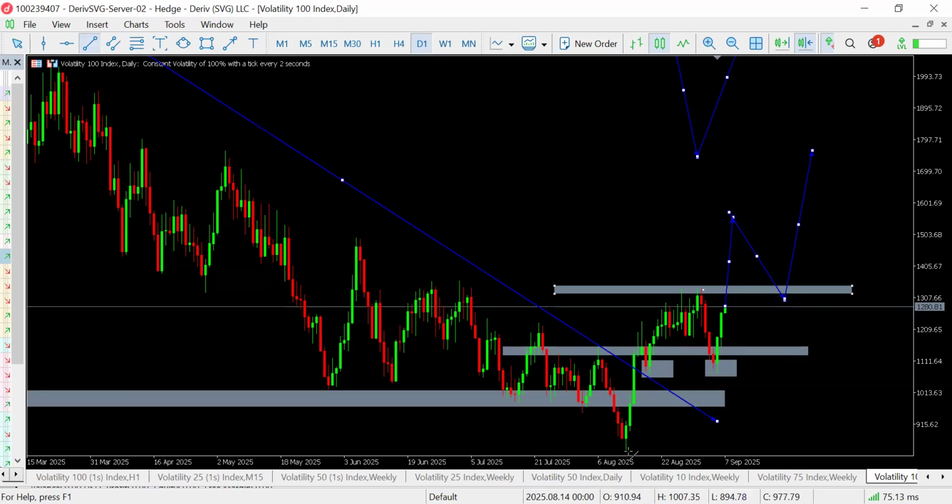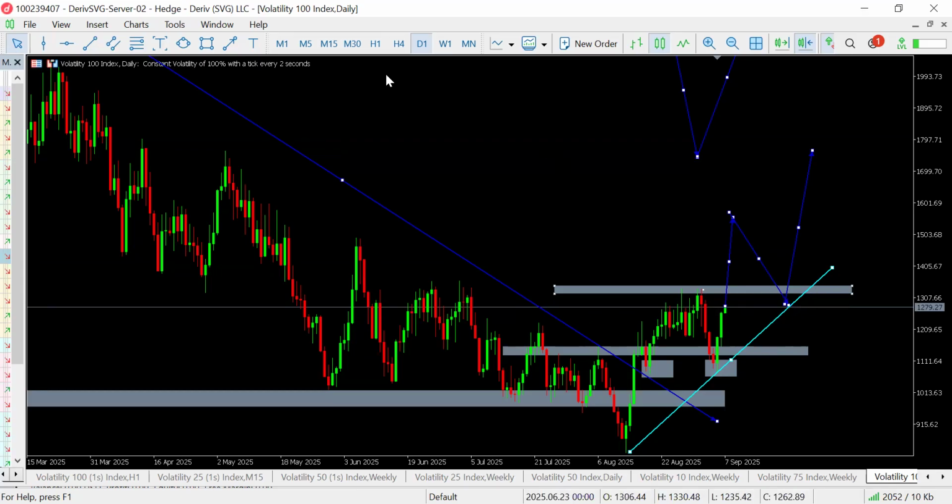Because price is heading upwards, we can even include our what? Uptrending line. So this will be the first touch of the trend line, the second touch of the trend line, and just like I explained, we'll be expecting price to break above the neckline of this double bottom, come back to make a retest, probably come in to even make a third touch of this bullish trend, and then we can start looking for what?